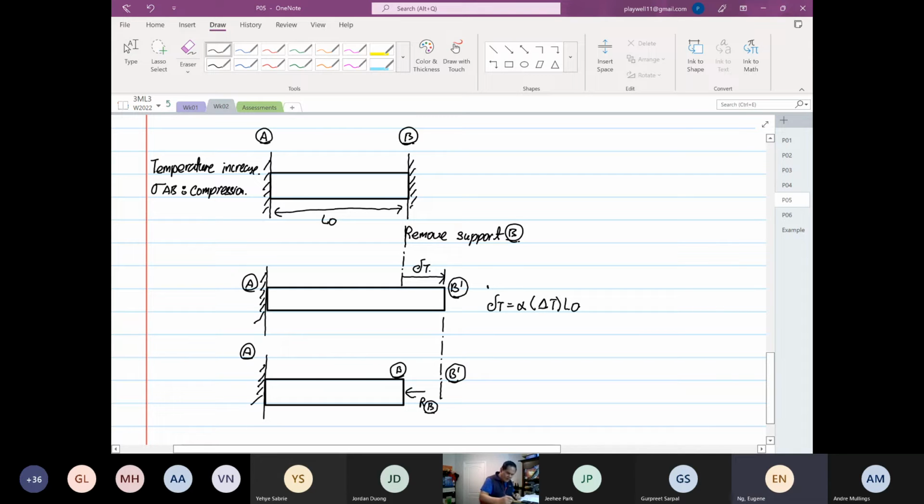Okay. And how much to push back? This is what we call our delta R. So to find out our delta R, now it's mechanical loading, is minus RB L naught over AE.